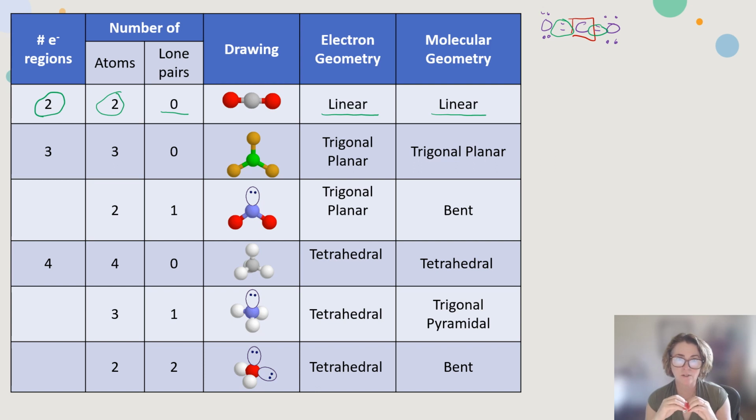Those electrons are trying to get away from each other. Right? You have multiple negative charges. They do not want to be near each other. They're going to repel. And so the farthest they can get away from each other is 180 degrees. So this is what my carbon dioxide looks like. Here I have carbon in the middle and I have oxygen on either side. So it is a linear molecule.